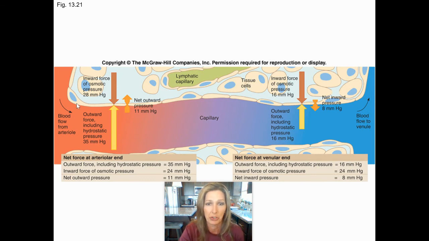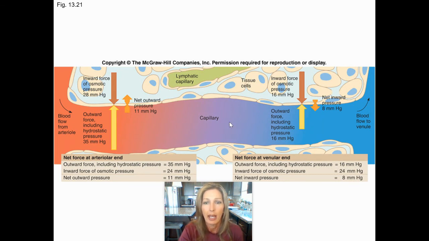If my blood pressure is too high, and at this point it is way too high, then I'm not going to get any, or very little, of this waste product to come back in. So now what ends up happening is your surrounding cells and tissues, instead of being constantly bathed with nutrient-rich fluids, are going to be constantly bathed with a mixture of waste products and nutrients, and they're not going to be able to thrive and replenish themselves as readily as cells that are constantly getting rid of that waste.